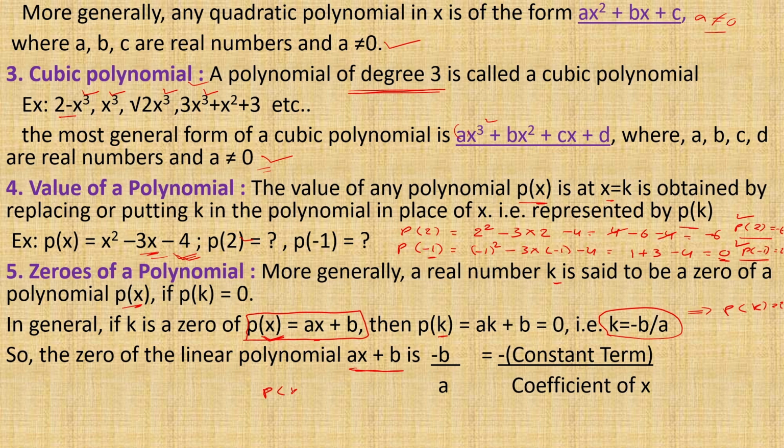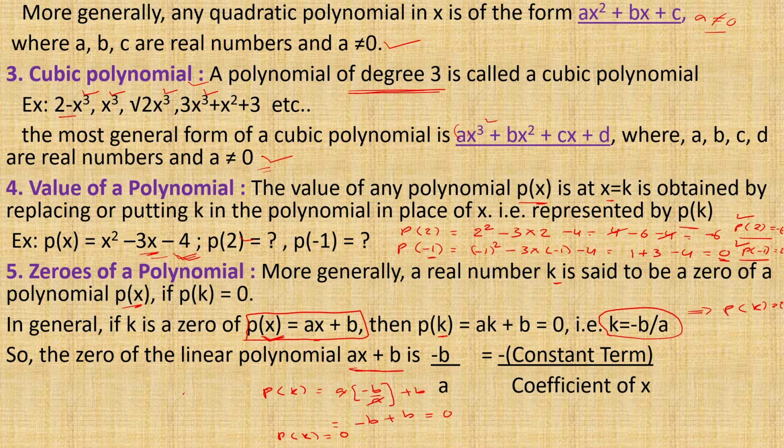So k is equal to minus b by a means p of k is equal to ax plus b. In place of x, if you substitute minus b by a, so minus b plus b is equal to 0. We will get p of k is equal to 0.